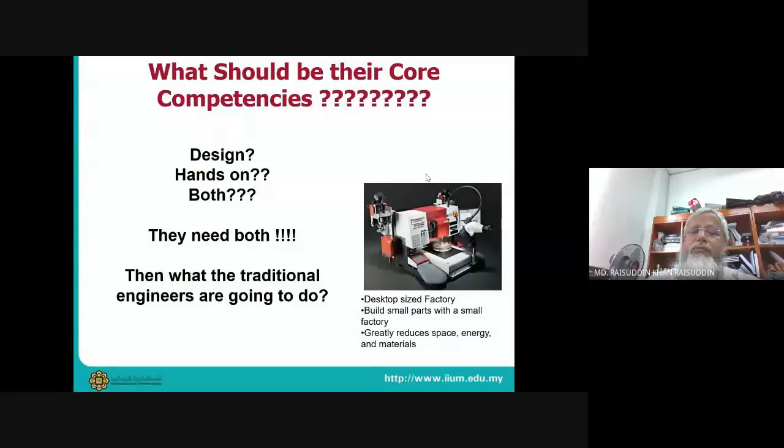Now, as it looks, mechatronics engineers are masters of all trades. Now, it is not that easy to be master of all trades. So what must be your core competency? That is, if someone asks, all mechatronics engineers will be able to say, okay, I can do this. So what is this? One is design. What is design?